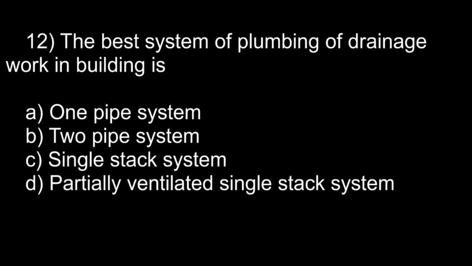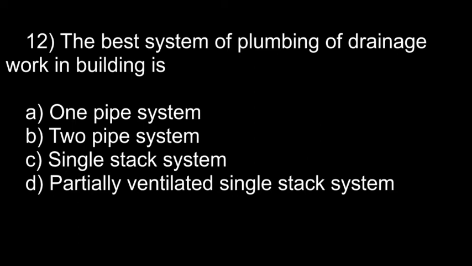12th question. The best system of plumbing of drainage work in building is option A, one pipe system, option B, two pipe system, option C, single stack system, and option D, partially ventilated single stack system. We know that the best system for plumbing of drainage work in building is two pipe system.